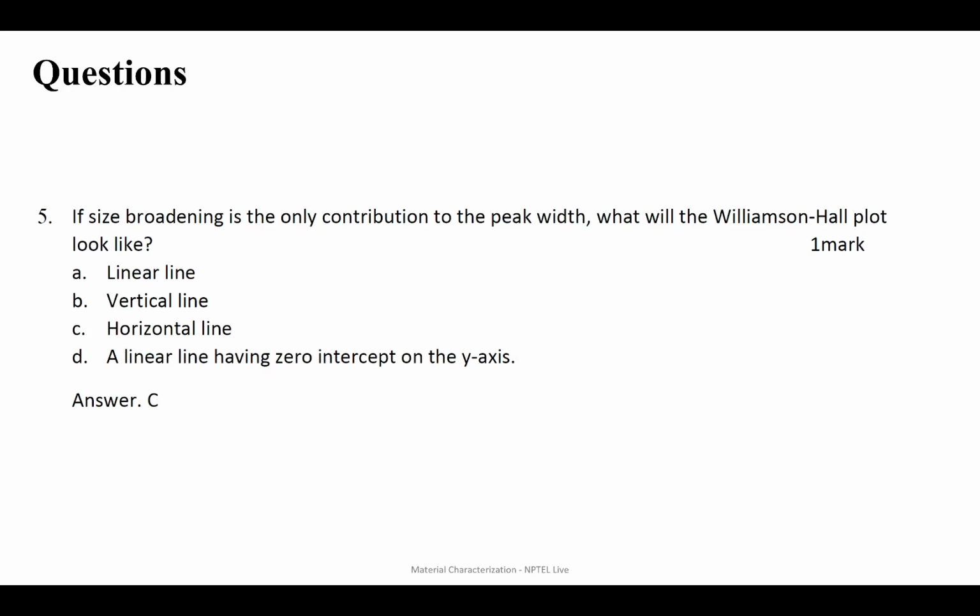That is correct. The answer will be C, horizontal line. So B cos theta will be a constant, so it will only result in a horizontal line if there is no strain component.